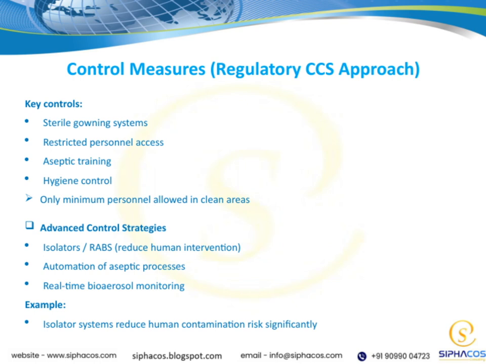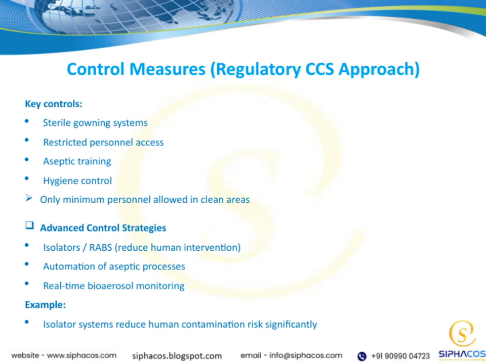Moving on to our advanced control strategies, we use isolators and RABS, which stand for Restricted Access Barrier Systems. These technologies are designed to significantly reduce human intervention, thereby lowering the chance of contamination. Automation of aseptic processes is another key strategy. Automating critical steps helps ensure consistency and sterility. We also incorporate real-time bioaerosol monitoring, which allows us to detect any microbial presence immediately, so we can act swiftly if needed.